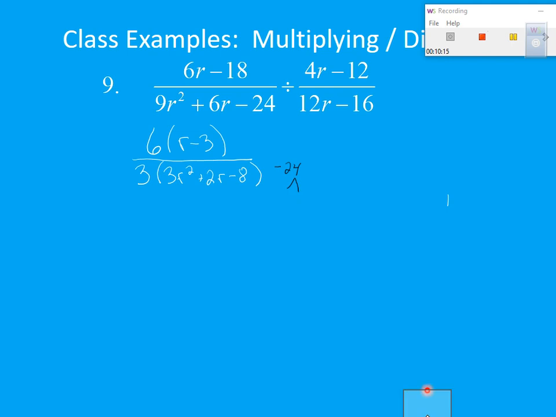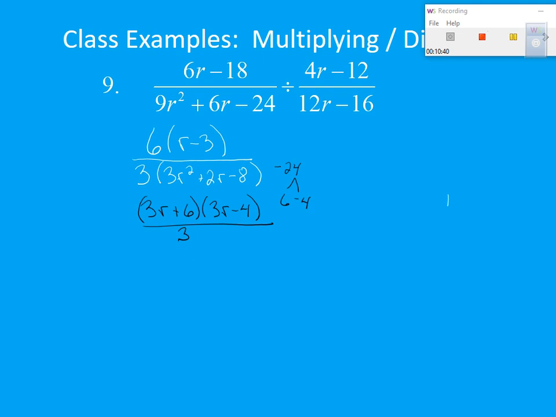Two numbers that multiply to be -24 that you can make add up to be 2. Looks like 12 and, oh, that would be 10. Looks like maybe 6 and 4. Positive 6 and -4. Then I'll write this as 3r plus 6, 3r minus 4 all over 3.